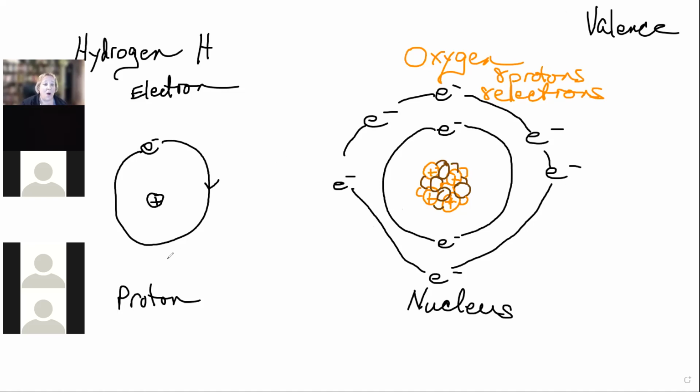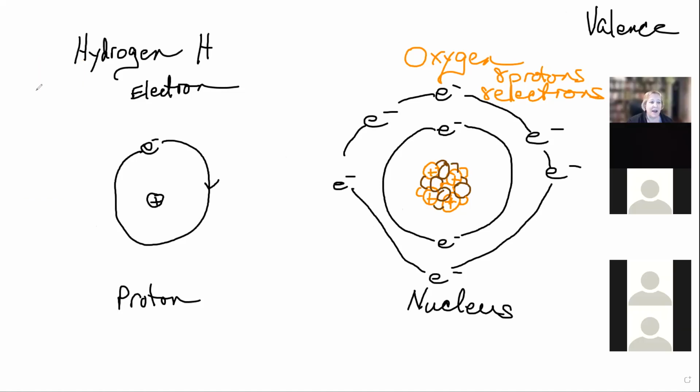All right. So how do they get these other electrons? If we are talking about hydrogens, hydrogen in the atmosphere exists as pairs. And what happens is this hydrogen atom and this hydrogen atom say, hey, how about if we share?